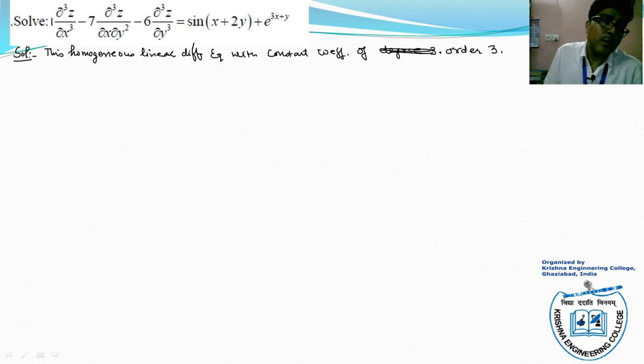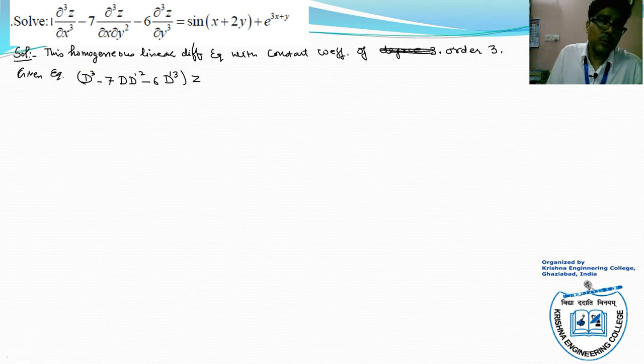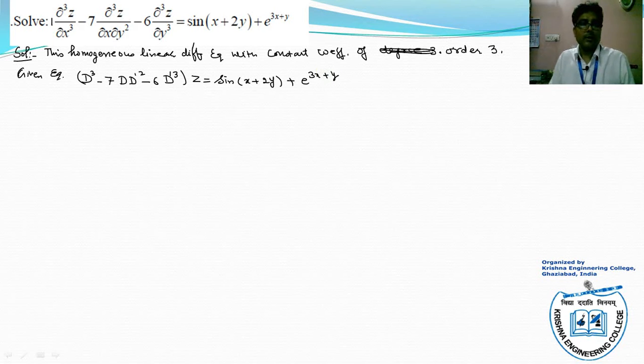Now write the given equation into standard form. The given equation is (D^3 - 7 D D'^2 - 6 D'^3)z = sin(x + 2y) + e^(3x+y). Clear?